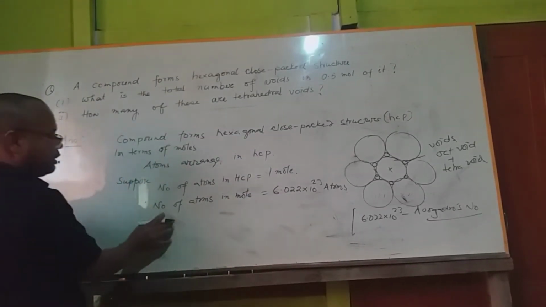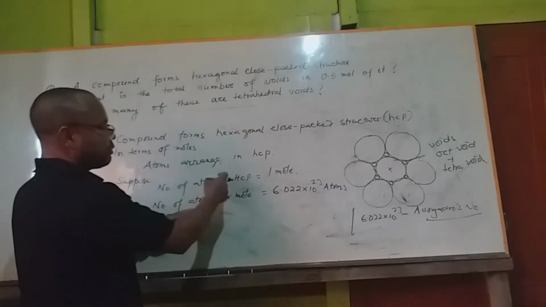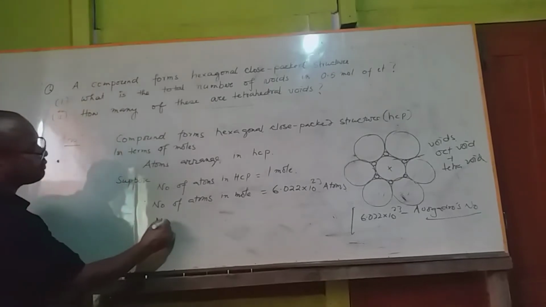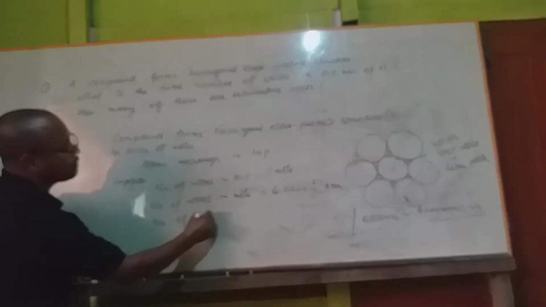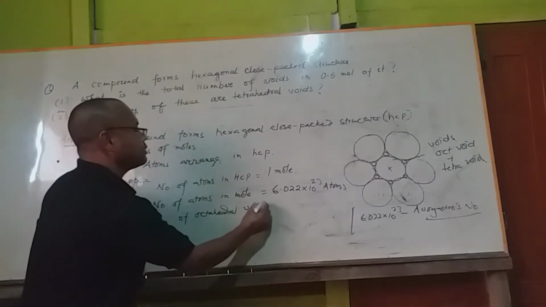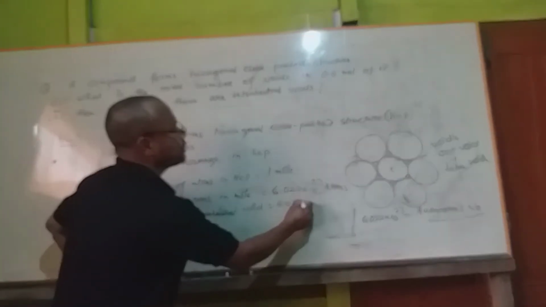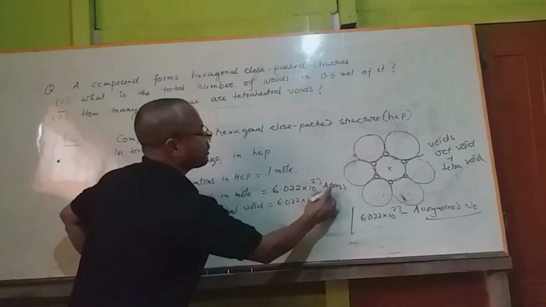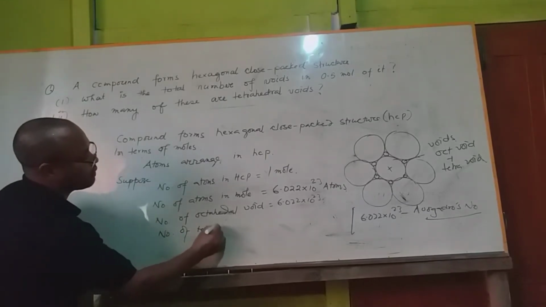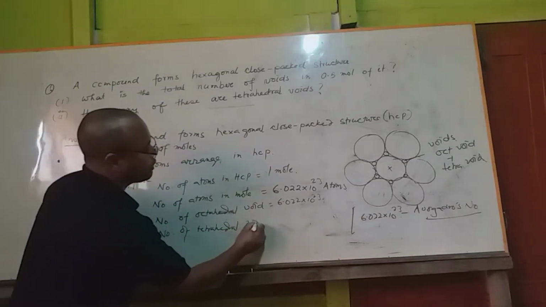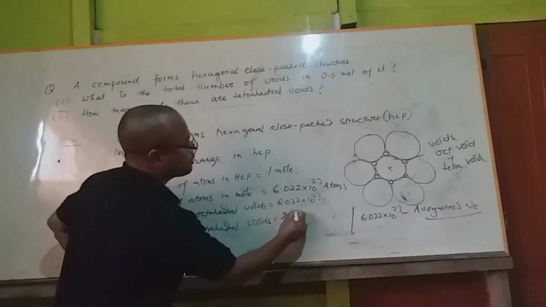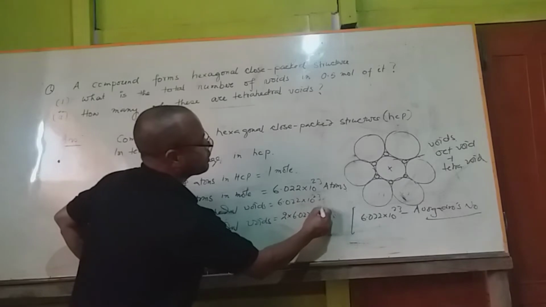Now if you know the number of atoms in HCP, we have a formula for the number of voids. The number of octahedral voids is also 6.022 into 10 to the power 23, and the number of tetrahedral voids is 2 into 6.022 into 10 to the power 23.